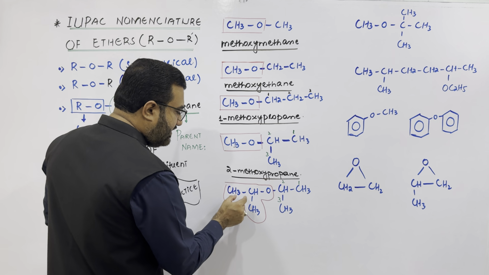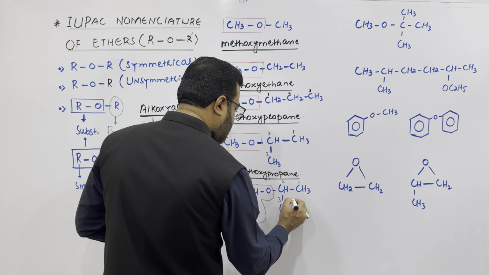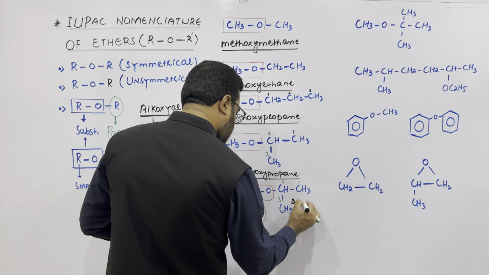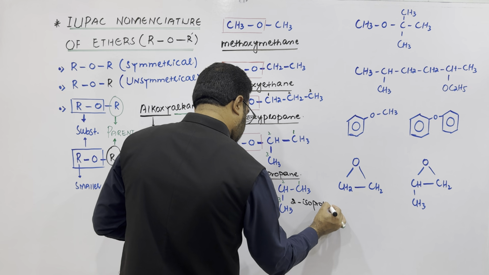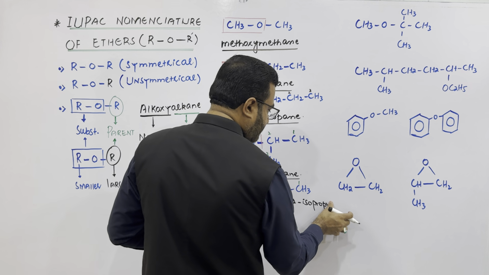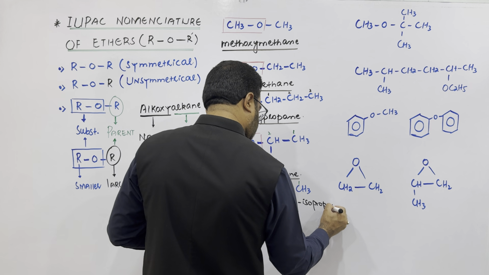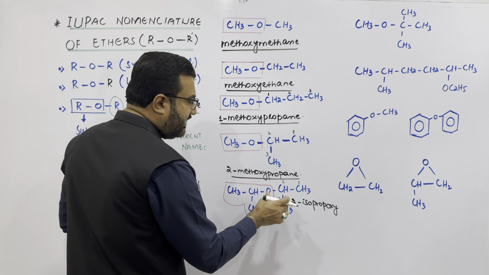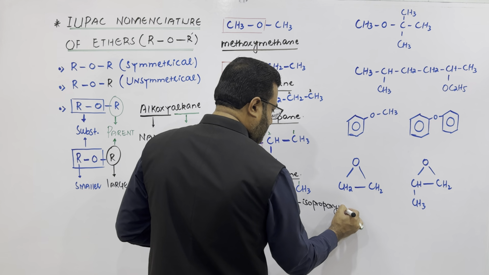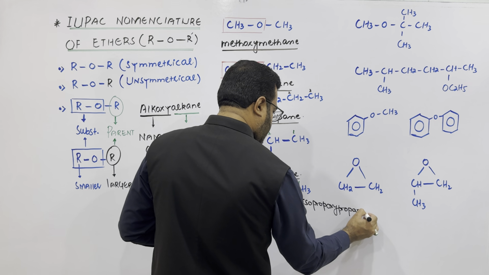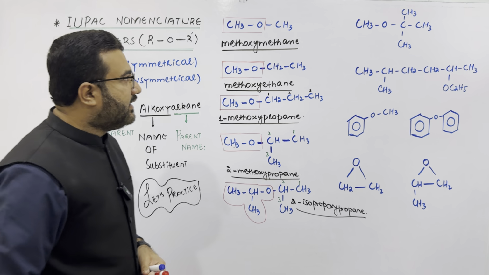Now, my dear student, this one is isopropyl, so it will be called as 2-isopropoxy. And obviously, this parent has 3 carbon atoms, so it will be called as propane. So it will be 2-isopropoxypropane.